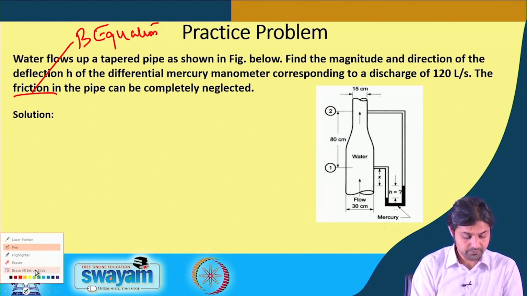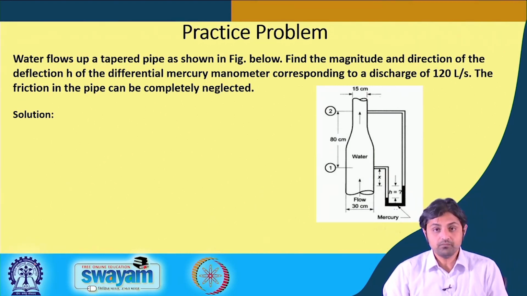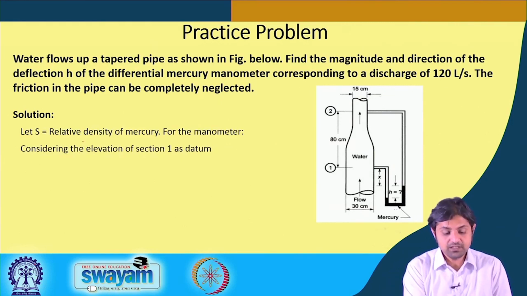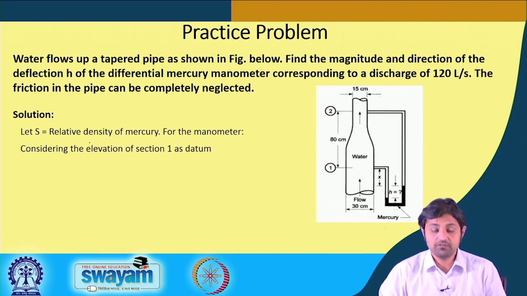Fine. So if we say that S is the relative density of mercury, we can relate all the densities to water using this relative density.